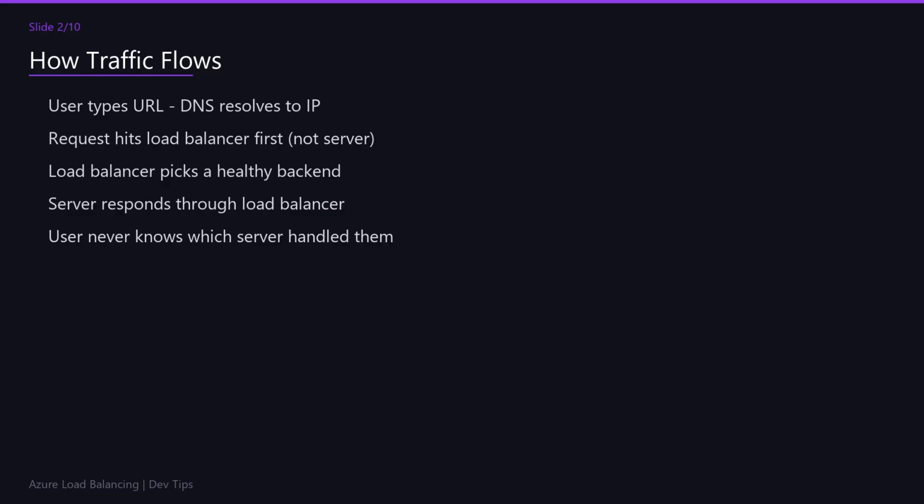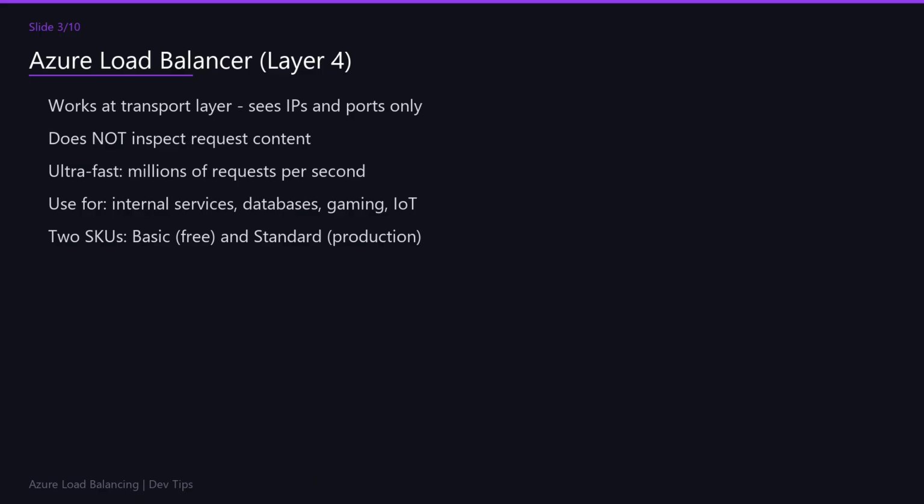This makes it incredibly fast. Use it when you do not need content-based routing. For example, balancing traffic across database replicas, gaming servers, or internal microservices that talk to each other. Think of it as a dumb but extremely fast traffic splitter. If you need to route based on URL paths or headers, this is not the right choice.